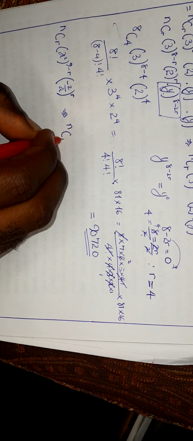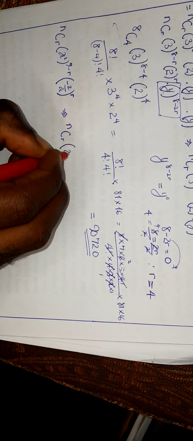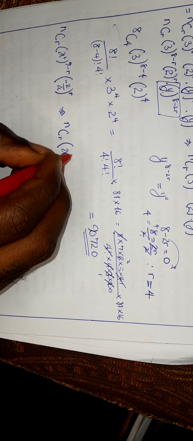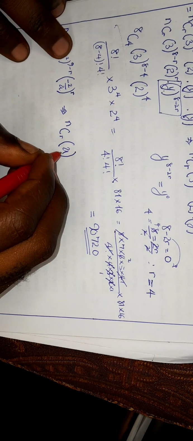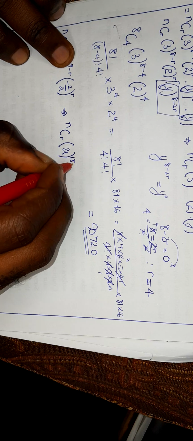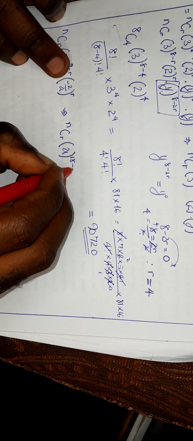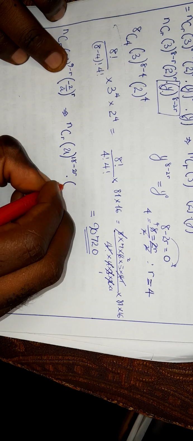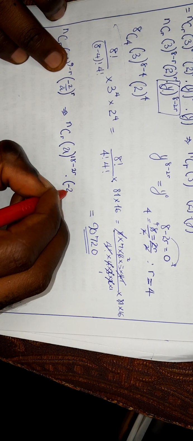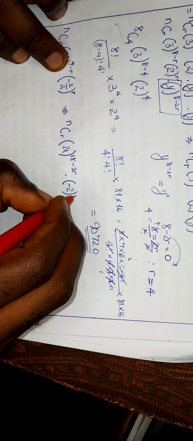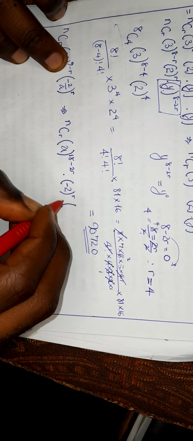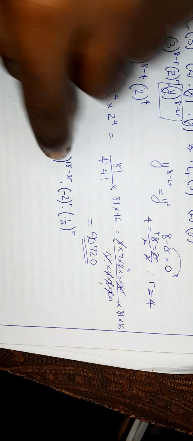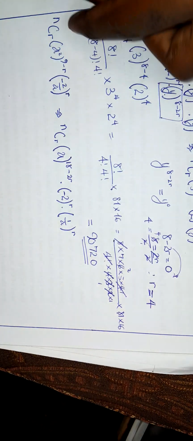I have n combination r, a to the power of 2 times 9, 18, minus 2 times minus r, minus 2r, times negative 2 to the power of r, times 1 over a to the power of r. You see, I've split this.